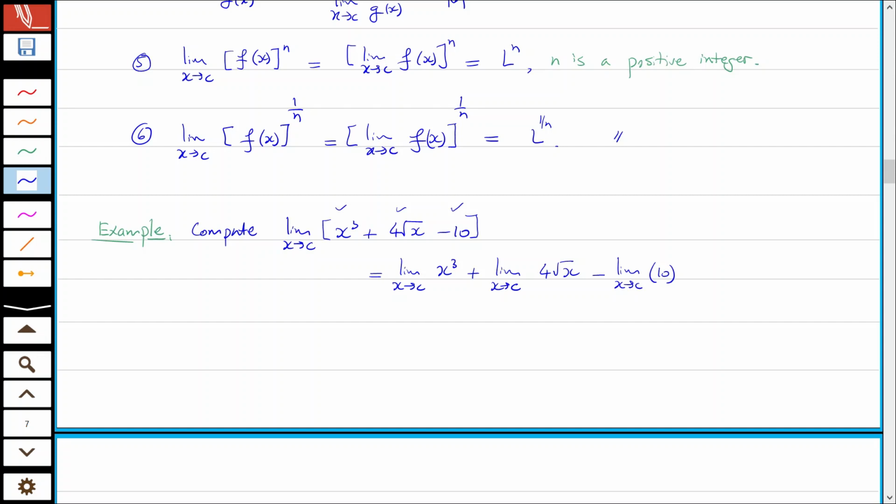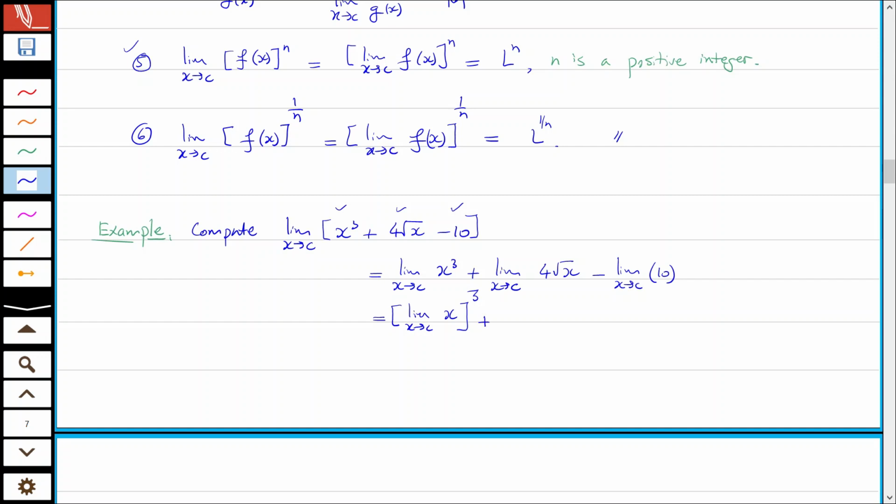Now, for the first one, x cubed, when we are taking the limit of that, our very first term, it corresponds directly to property 5. My f of x is x and n is 3. So using that property, I can write limit x approaches c of the function x, and then later on, I can take the power 3.